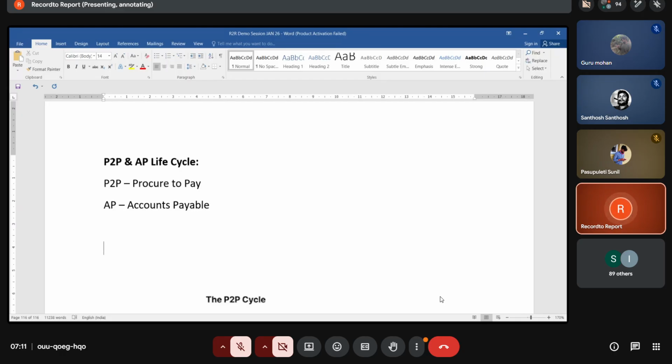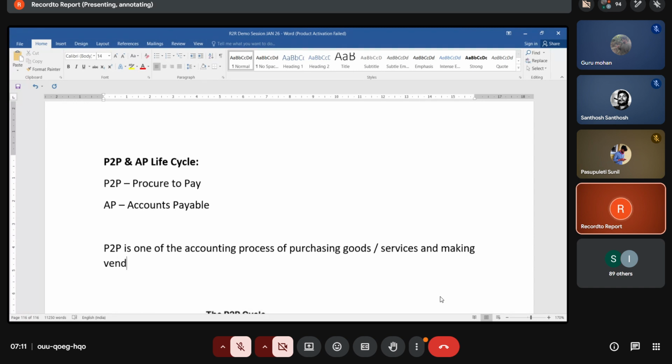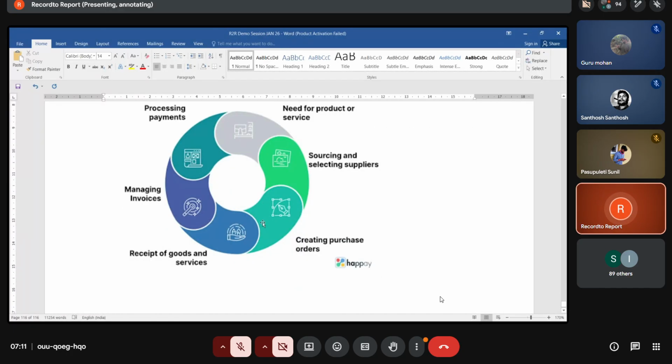P2P is one of the accounting processes of purchasing goods and services and making vendor payments.